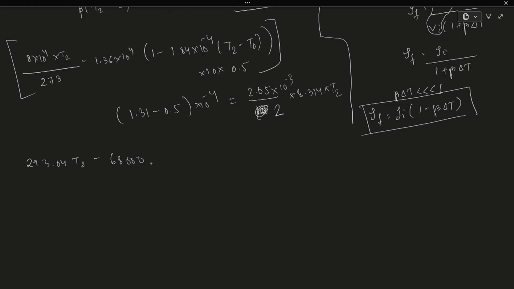This is 12.512 T2 minus 12.512 into 273, which is 3415.776.